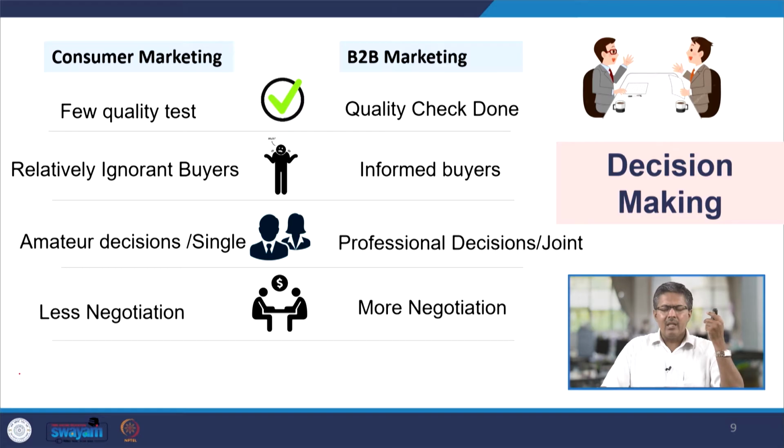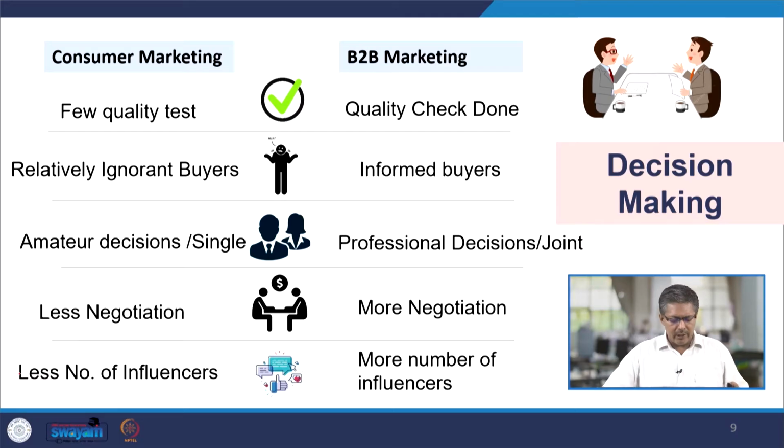The simple reason is that the product is customized and its cost depends on several other factors. For example, a computer could be sold by somebody at 50,000 rupees, by someone else at 60,000 rupees, or at some other price. Why?